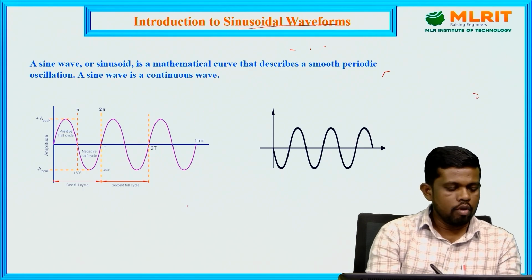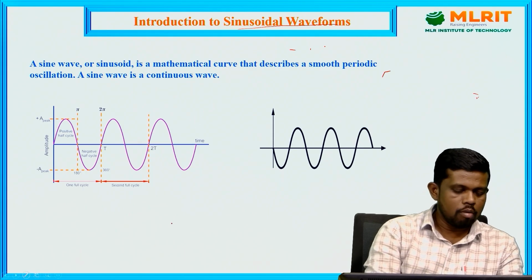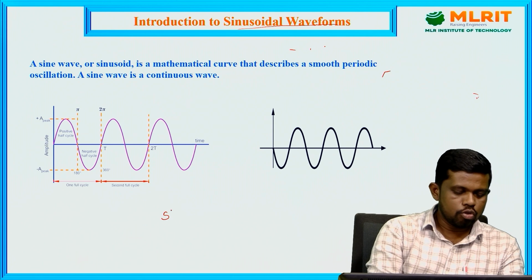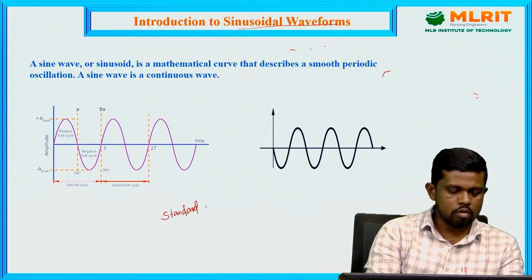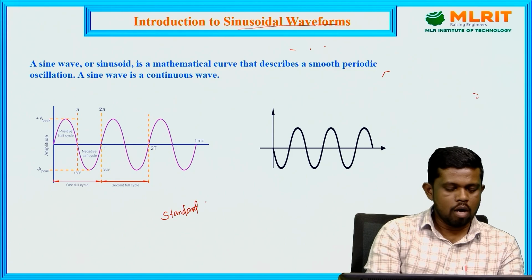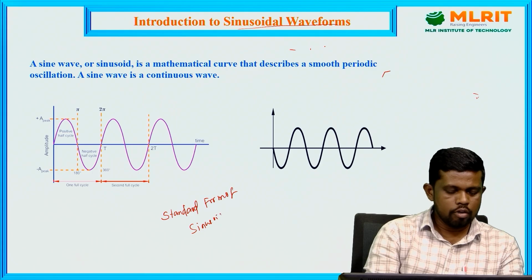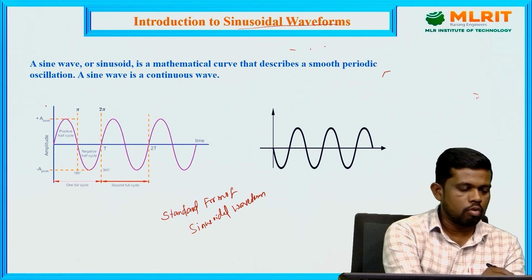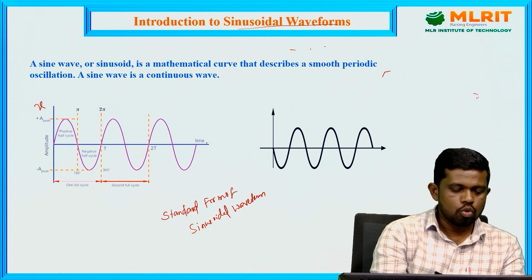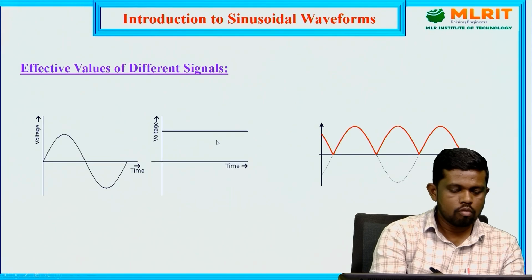Here we need to discuss the standard form of the sinusoidal waveform. Every standard textbook follows the standard notation. Let us say the quantity is x, and the time we consider in terms of omega t.